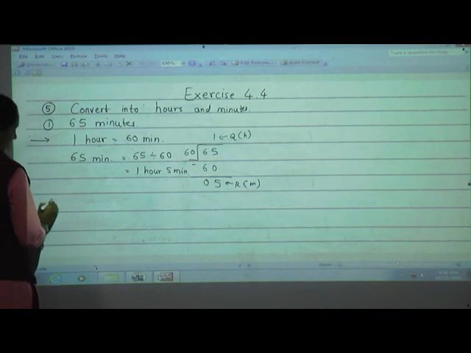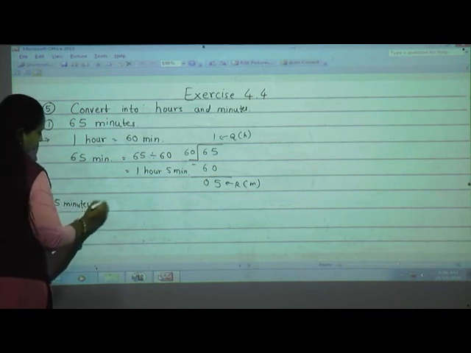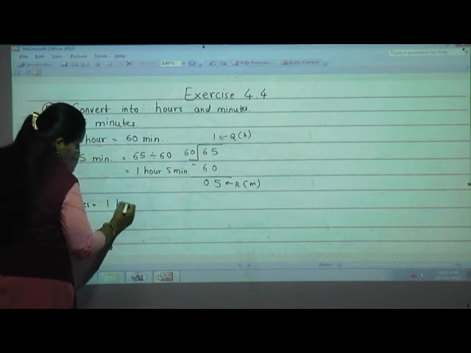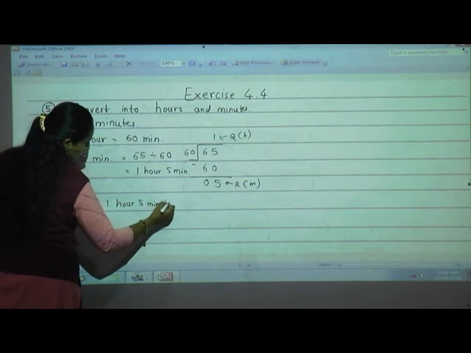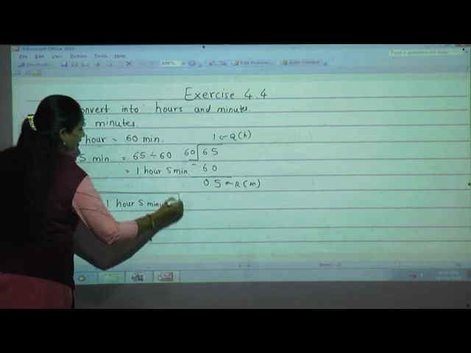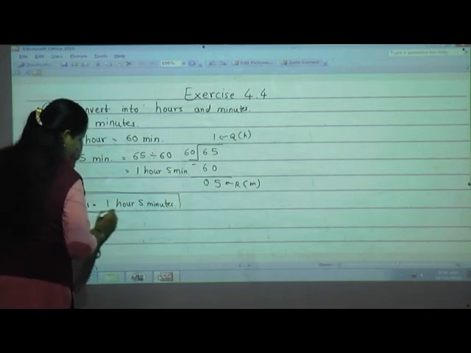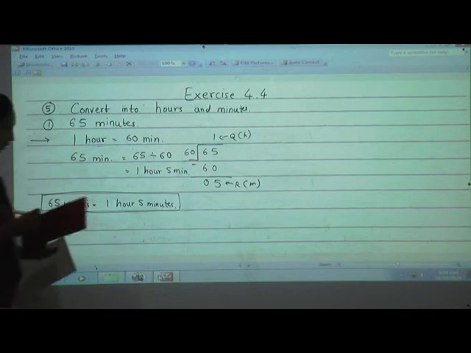So write once again, 65 minutes is equals to 1 hour 5 minutes in this way, and do the bracket with pencil and scale. Okay, clear? Yes. Now we will solve some more examples. Now third one I will solve for you.